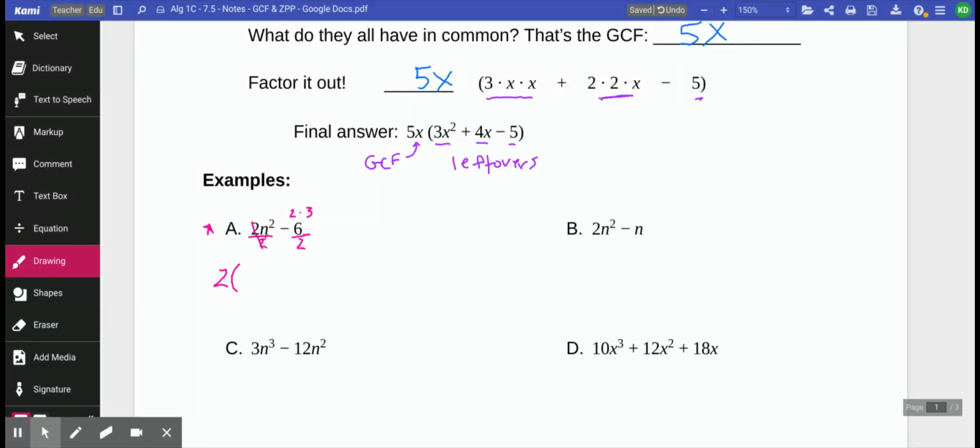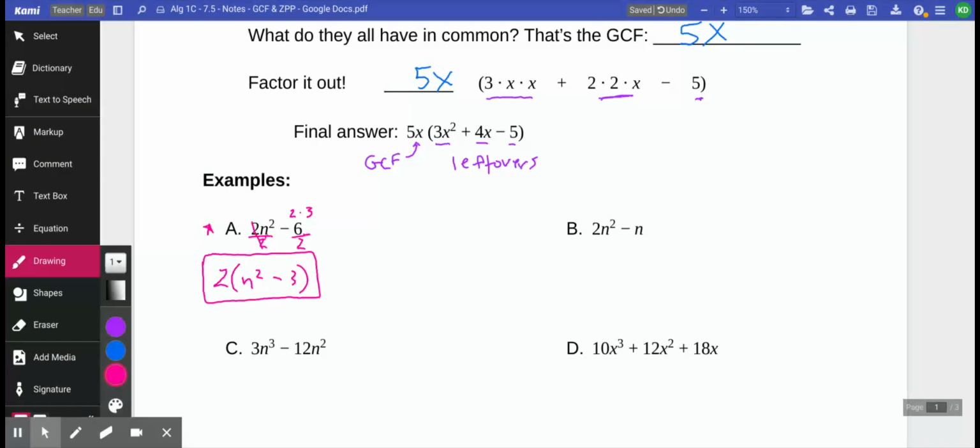So if I factored out a 2, I'm just left with n squared in my first term, and 6 divided by 2 is 3. That was the other factor of 6. So I factored out the 2, and if I multiply this back together, I should get exactly what I started with because these should be equivalent statements.